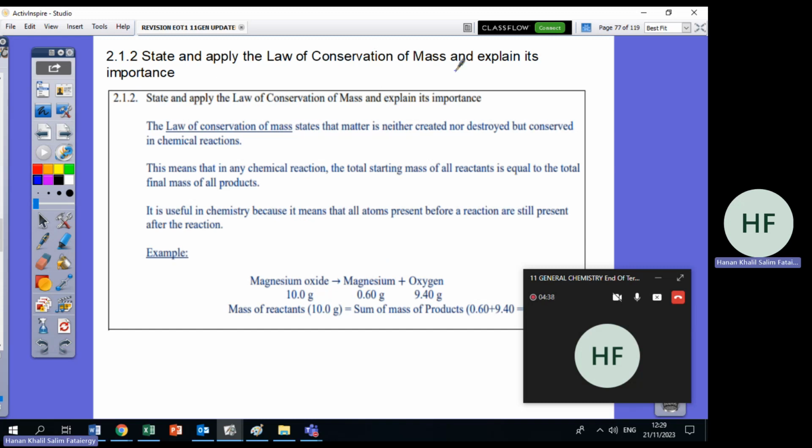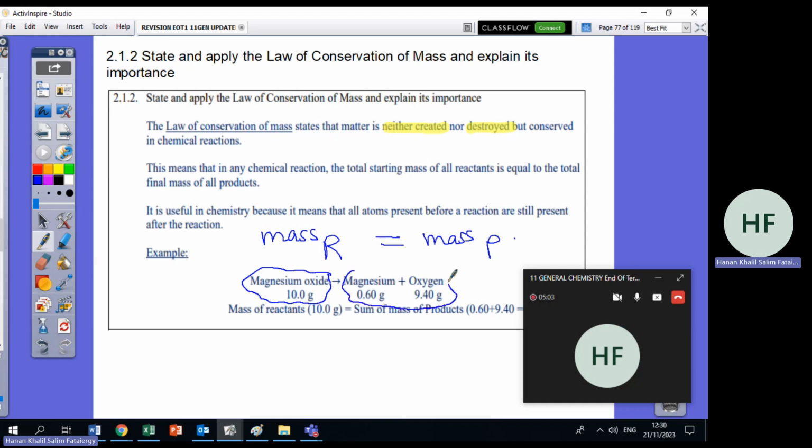Now the law of conservation of mass. It says mass cannot be created nor destroyed. In simple terms, you have to know that the mass of reactants should be equal to the mass of products. For example, here I have the reactant. How much is the mass? 10.